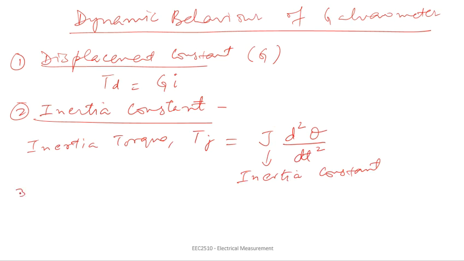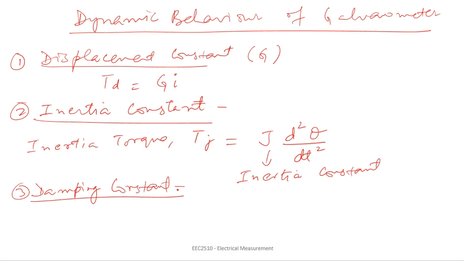Similarly, there is a damping constant, because damping is provided by the friction due to the motion of the coil in the air, and sometimes also by induced electrical effects if a closed circuit is provided.